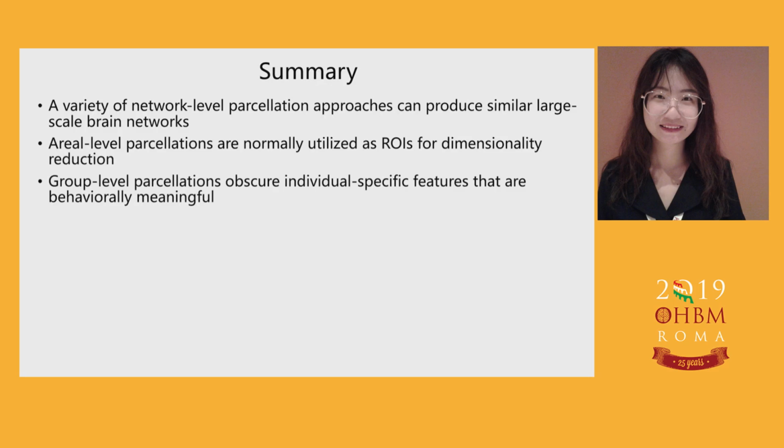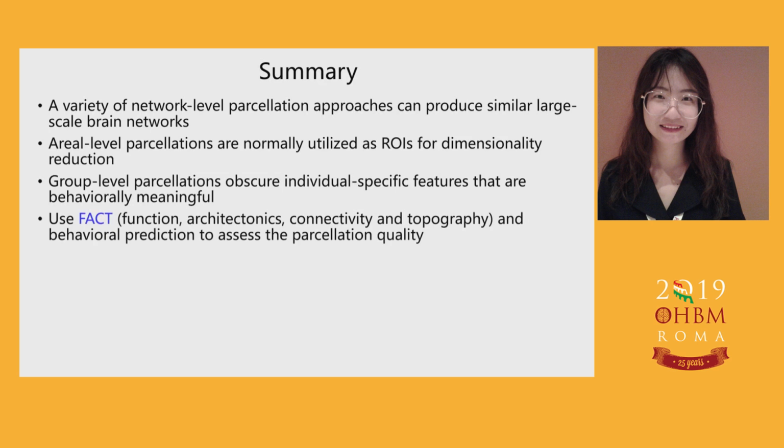I also emphasized the importance of estimating individual-specific parcellations because group level parcellations obscure a lot of individual-specific features that are actually behaviorally meaningful. And finally, you can use fMRI to quantify the parcellation quality.